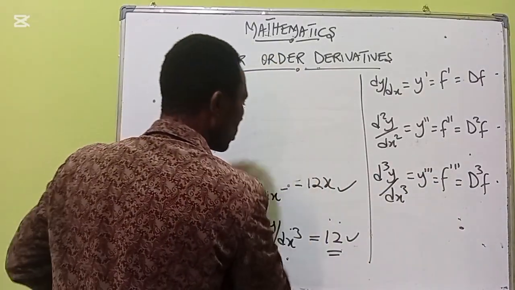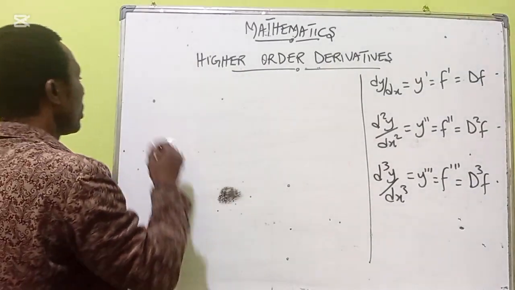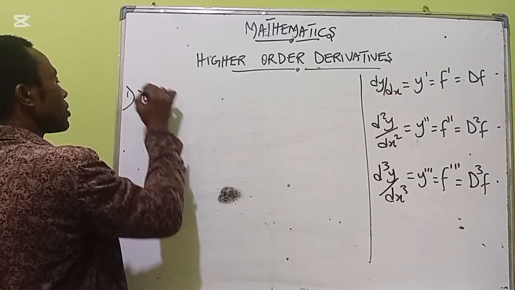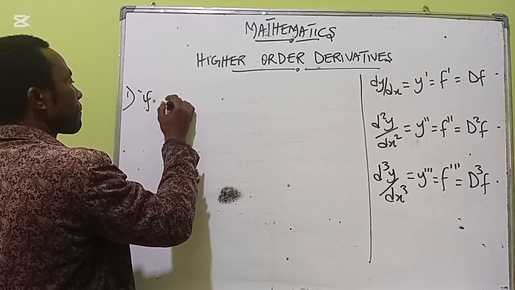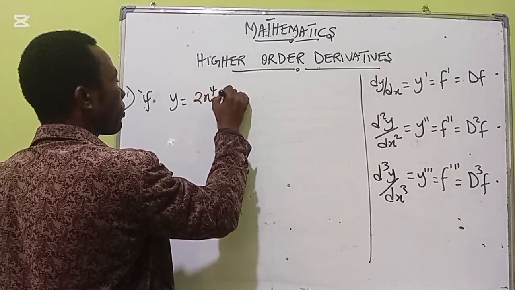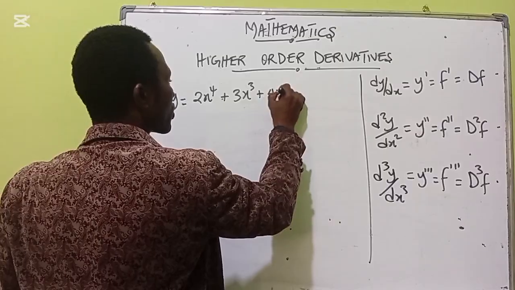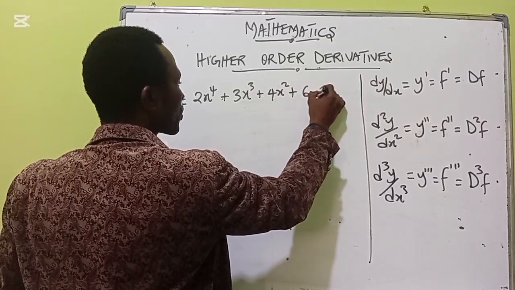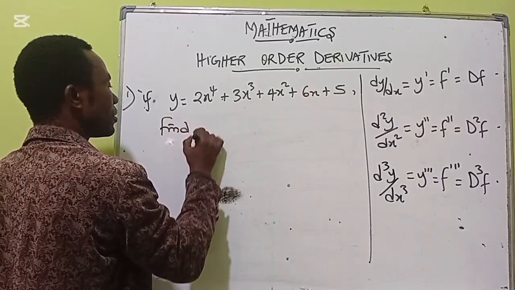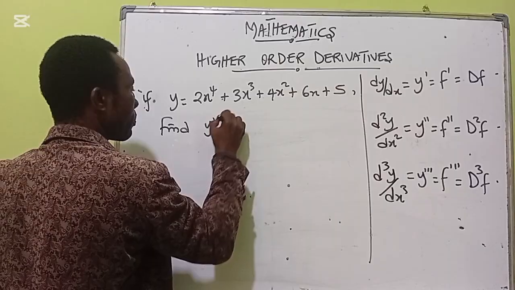Now, having seen this, let us take a few questions. Question number one says, if y is equal to 2x raised to the power 4 plus 3x cubed plus 4x squared plus 6x plus 5, find y triple prime.